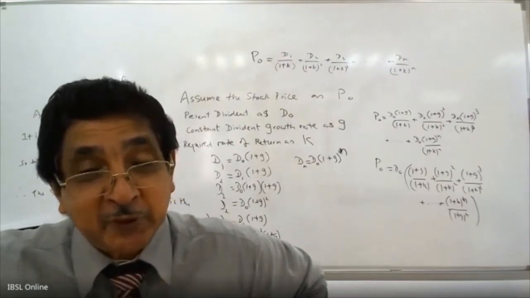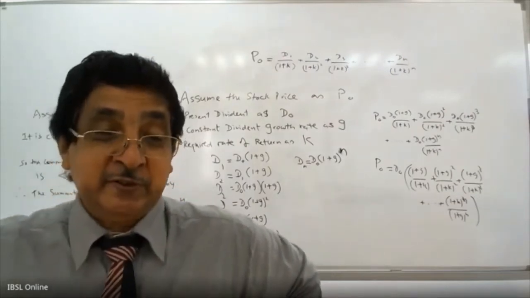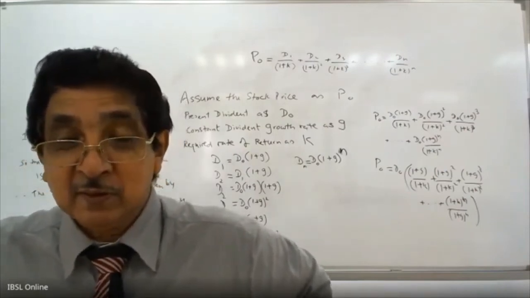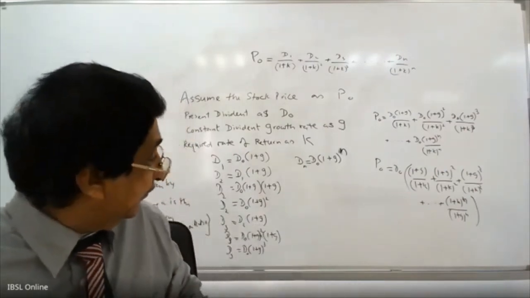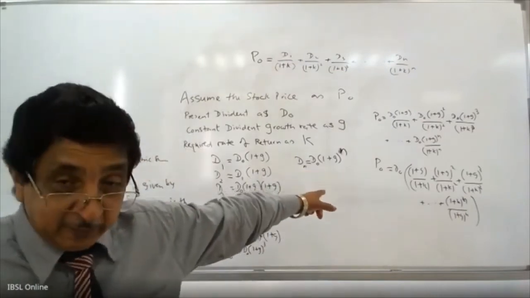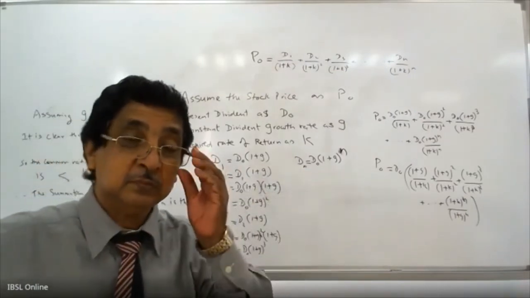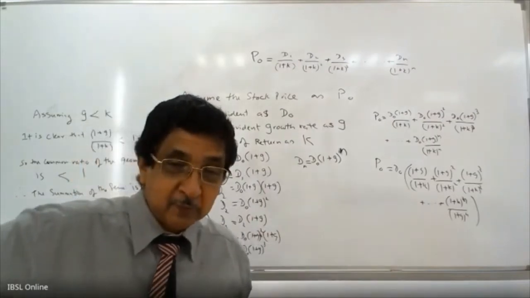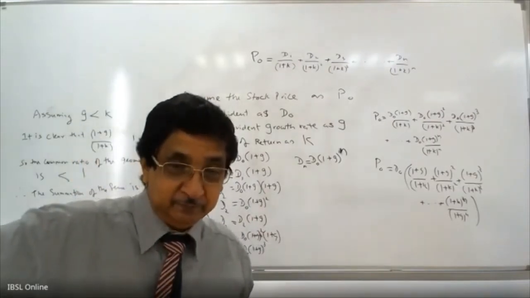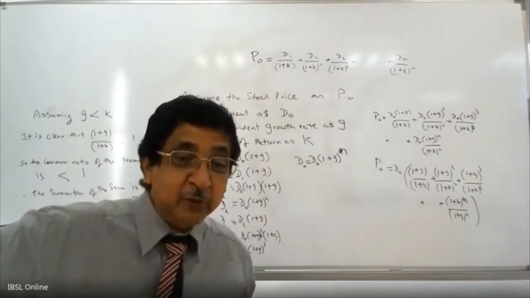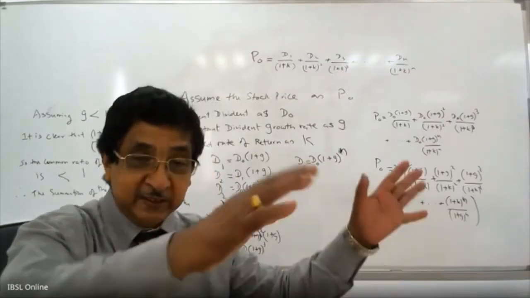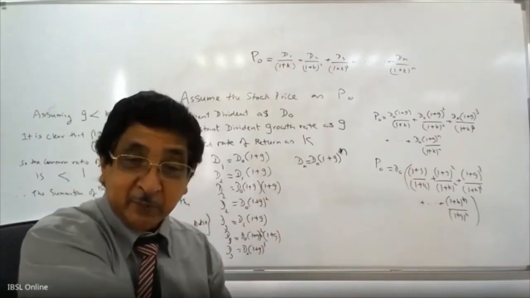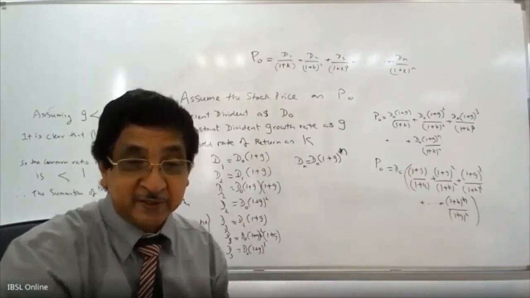So what you need to do is substitute the values there, and make sure that ultimately we arrive at the value of P0. Now P0 is equal to D0 into the series. Then we get the series value and then we have to multiply it with D0. So then only you get the answer.